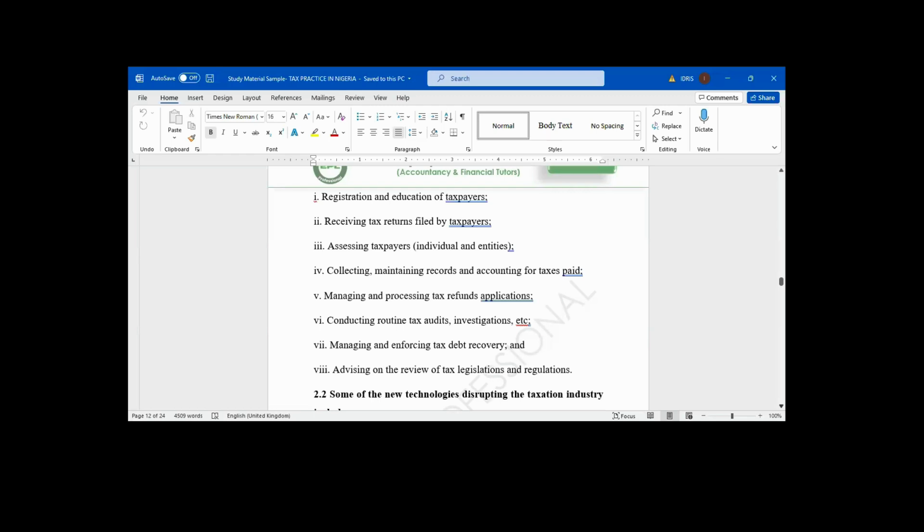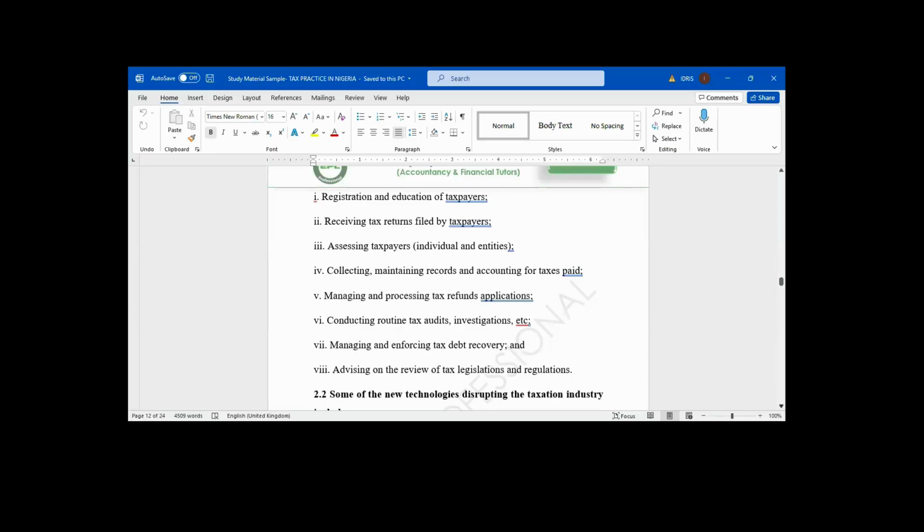Another role that tax administrators perform is advising on the review of tax legislation and regulation. They are the ones that will tell the government that this tax law needs review, this is what you need to introduce in the next tax law, this is what we need in the tax reform.